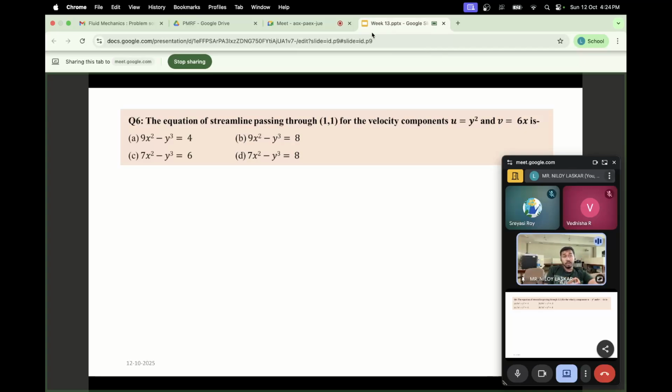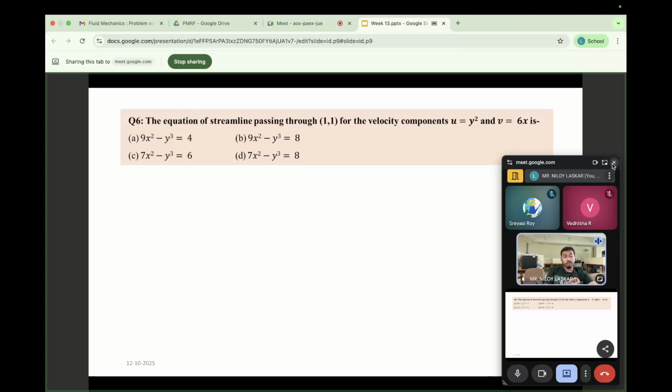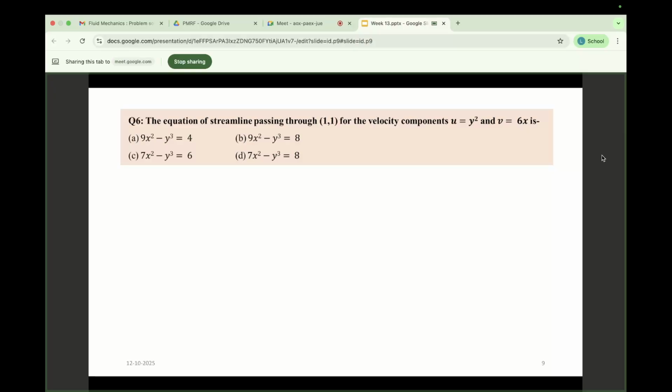So next is the concept. In the next module, we have studied various types of flow: streamline, laminar flow, turbulent flow, and all these things. Also, we have studied the streamline. The streamline is basically a path that is everywhere tangent to the velocity vector of the flow.